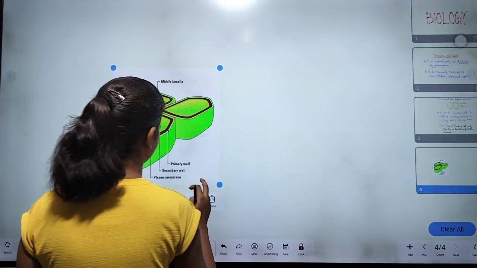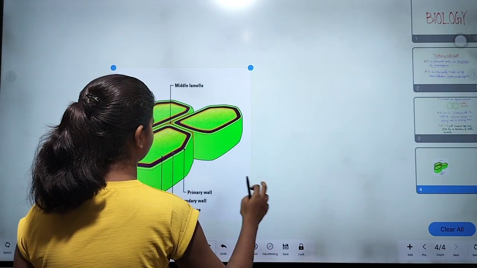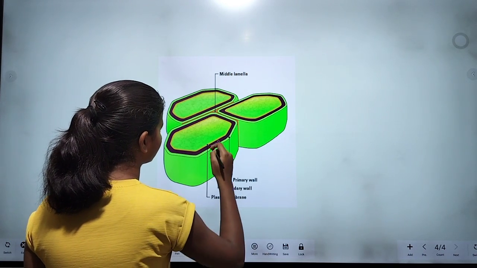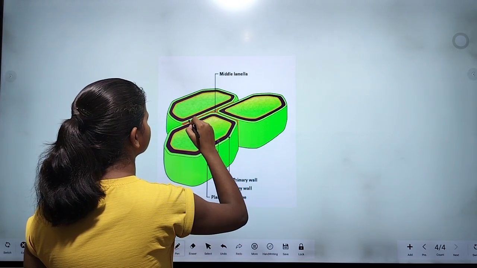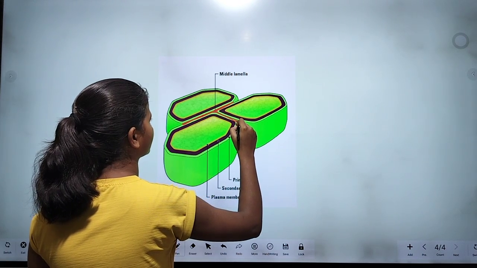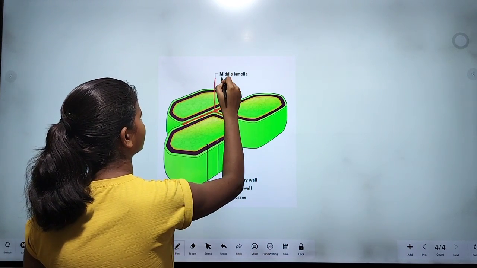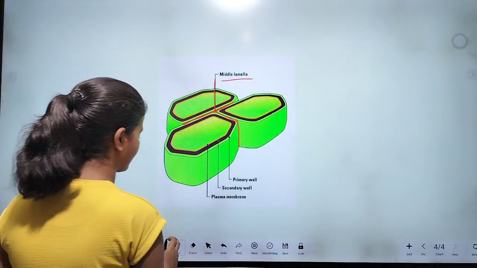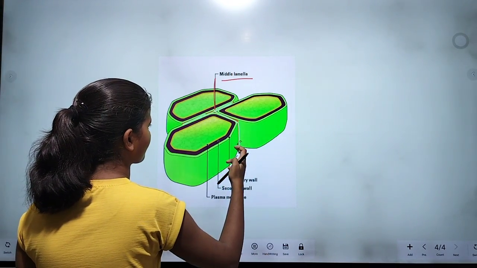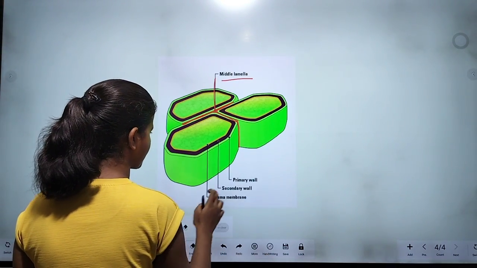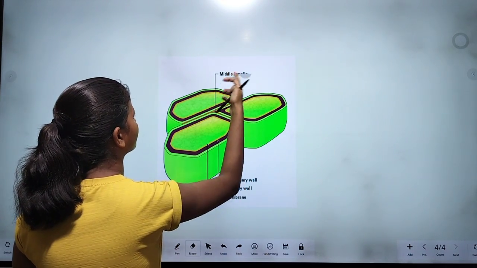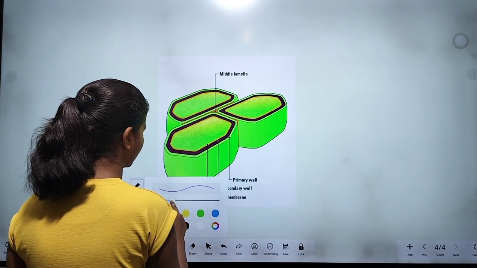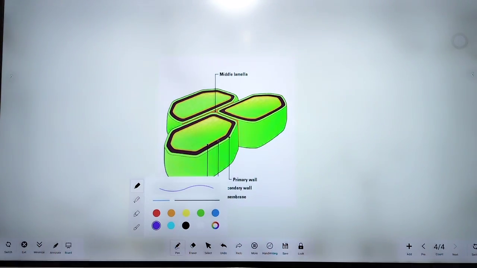Here is a figure of a plant cell, and this one is our middle lamella that helps to connect the adjacent plant cells. The fruit becomes juicy and soft only due to dissolution of the middle lamella.